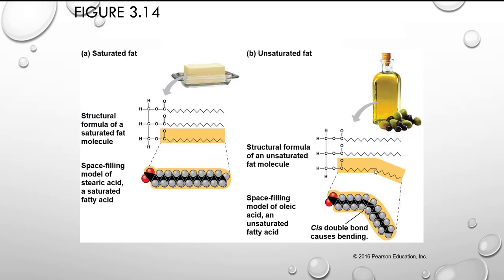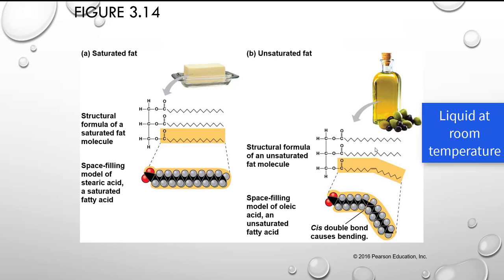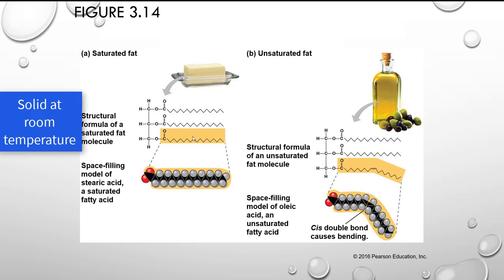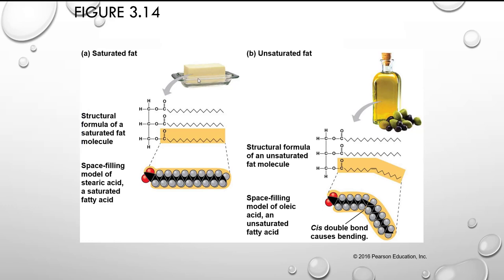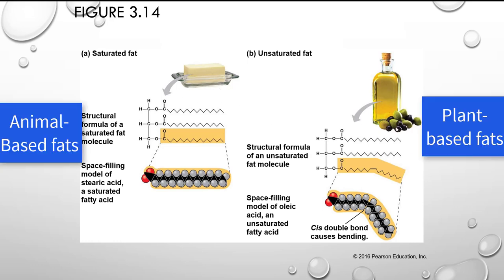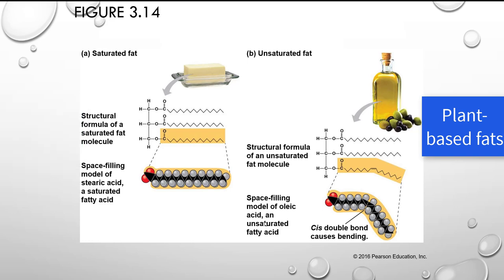And so when we have these kinks in the chain, and again, it depends on how many kinks there are, it will lead to a more liquid structure. Okay, so these fatty acids, since there's more space between them, are going to be liquid at room temperature. Whereas when they're saturated, full of hydrogens, then it's going to be a solid at room temperature. So our animal-based fats are high in saturated fat, whereas our plant-based fats are high in unsaturated fats.